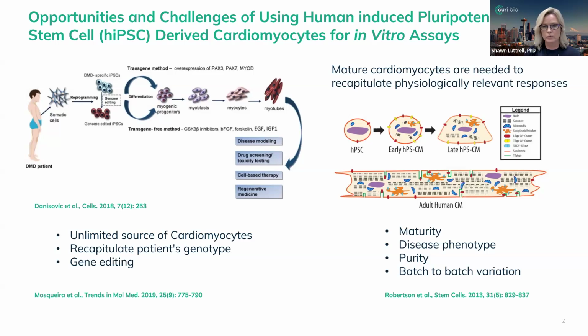Additionally, we want to ensure that the non-cardiac cells are minimized to limit the number of unknown cell types that we might be introducing into our heart constructs. And finally, batch-to-batch variation, so maintaining consistency across multiple differentiations to help ensure consistent experimental results over time. I'd say now, with improved differentiation protocols and cell enrichment methods, purity and variation concerns have been somewhat mitigated in recent years.